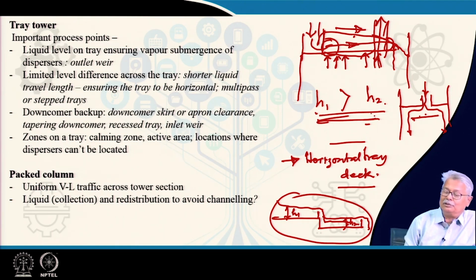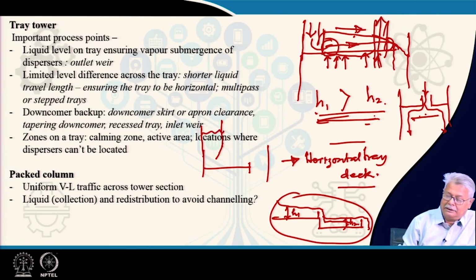There is something which is also very important. The liquid which falls from the upper tray, for example, I have it here like this. This downcomer must always run full.